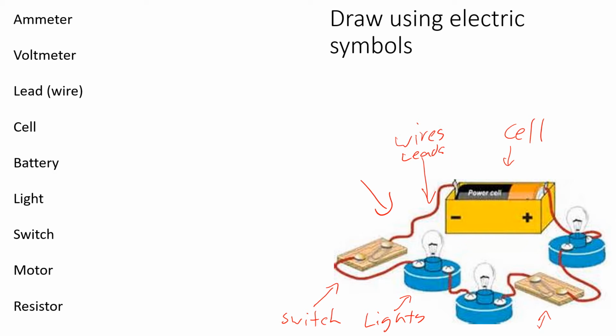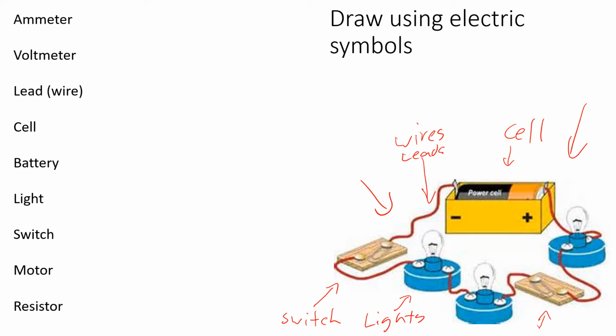Now, if I was to say let's draw some circuits, it would take a considerable amount of time to draw a circuit like this. So we have some shorthand ways of drawing circuits, and we're going to learn the symbols for drawing electric circuits. The first one is an ammeter, and we haven't talked about ammeters yet, but an ammeter measures how many amps are going through the circuit.